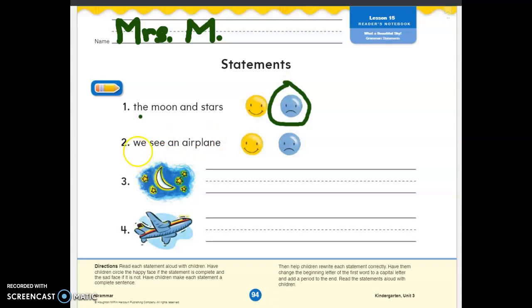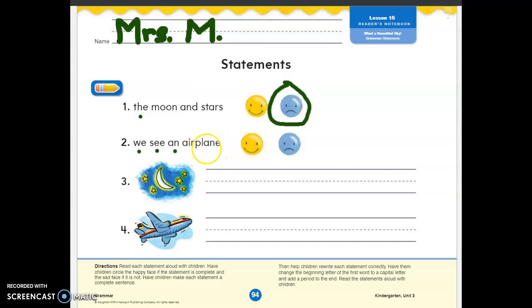All right, let's look at the next sentence. We see, right? Because EE makes a long E sound. E, N, that's one of our sight words. Now let's separate. This is a big word, so let's start with, remember we do syllables. All right, I see that this is A-I-R, says air, and then I'm going to sound out pull.